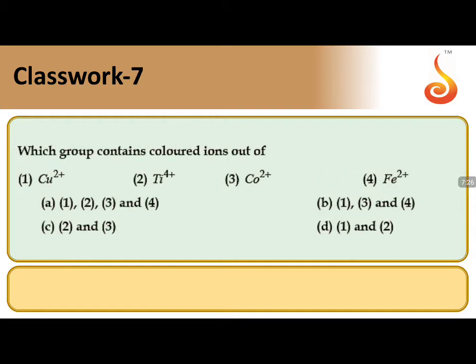So now which group contains colored ions out of the following? Okay, let us go to the copper, titanium, cobalt and iron. So Cu2+, Ti4+, Co2+, Fe2+. Atomic number of copper 29, titanium 22, cobalt 27, iron 26.